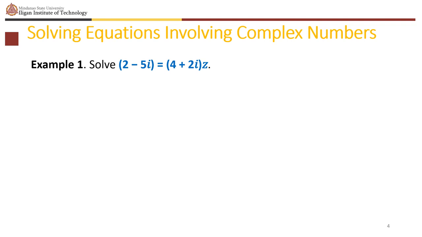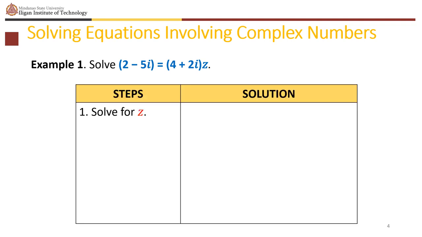So let us solve example number 1. First, we have to solve for z. The given equation is 2 minus 5i equals 4 plus 2i times the quantity z.